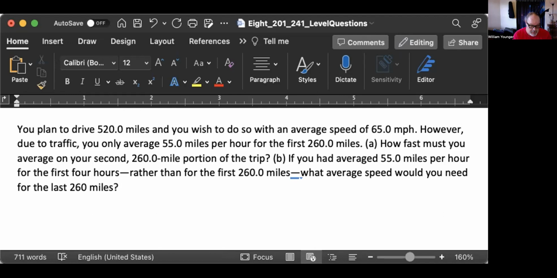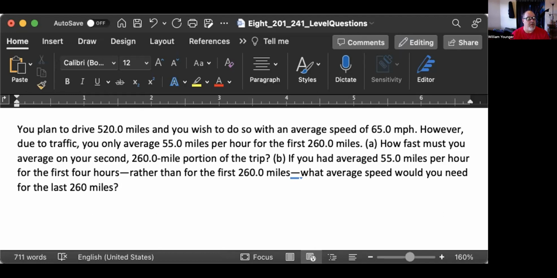However, due to traffic, you only average 55 miles per hour for the first 260 miles. So I want to say for the first 260.0, I'm going to set that equal to 55.0 mph. And this is part A, so I'll put it next to part A.